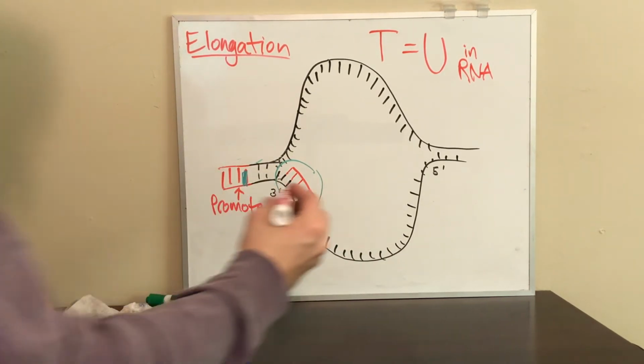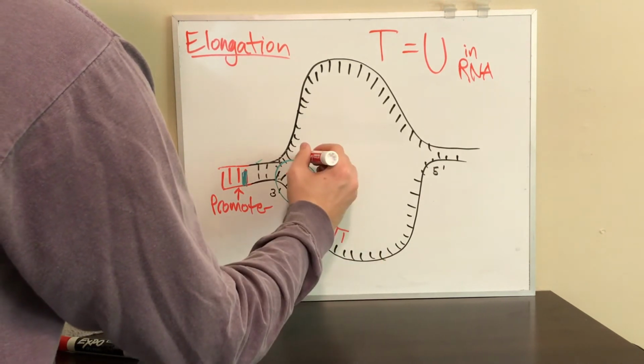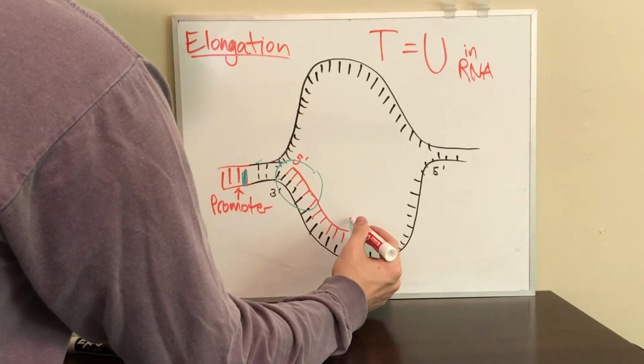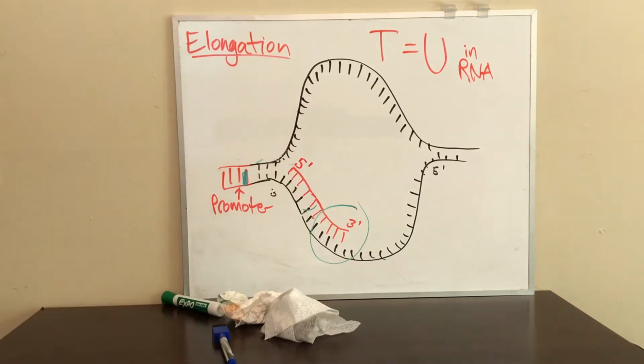Since the template strand is being read in the 3' to 5' direction, the new mRNA sequence is being created in the 5' to 3' direction, which, you may remember, is the same as in DNA replication. Side note, if the base pairing of the mRNA is complementary to the template DNA strand, then it stands to reason that the complementary DNA strand is an exact replica of the mRNA strand, except the thymines will be replaced with uracils.